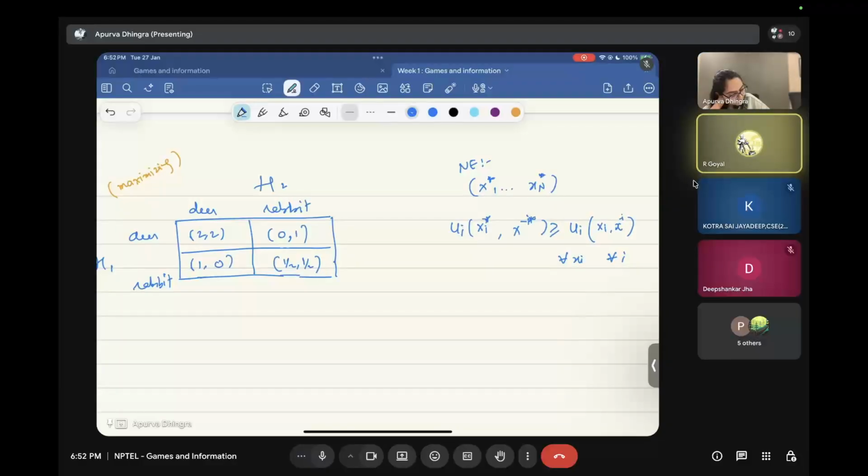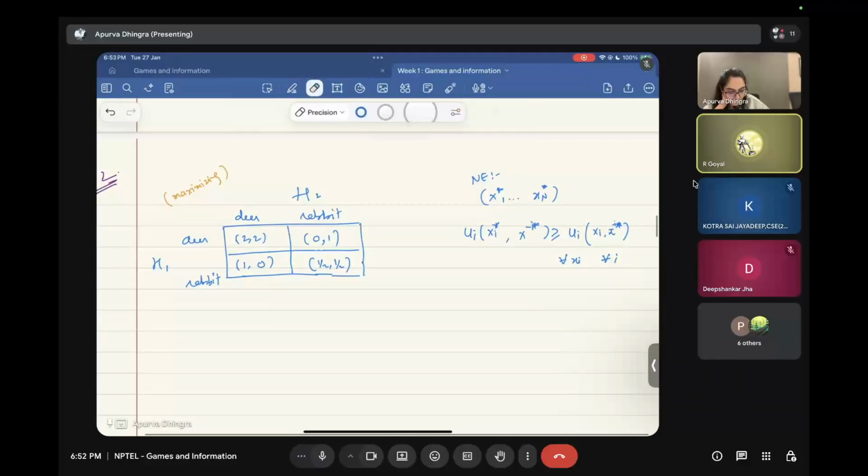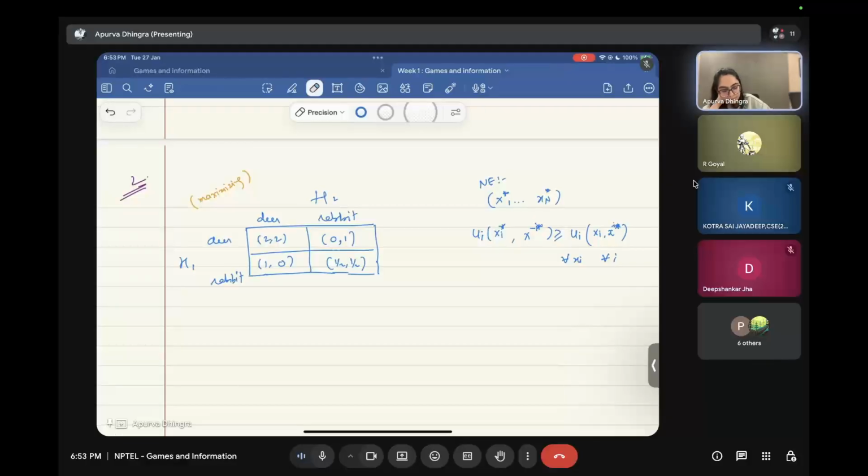But how difficult is it to compute a Nash equilibrium, and would it always be possible to get one in this situation? It depends which Nash equilibrium we are talking about. If it is the kind we are talking about right now, where either it is deer or it is rabbit, then sometimes there may not be a Nash equilibrium.